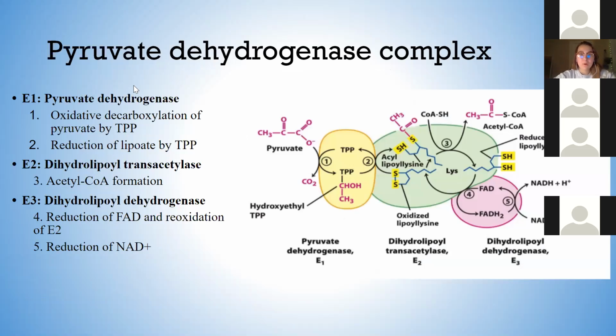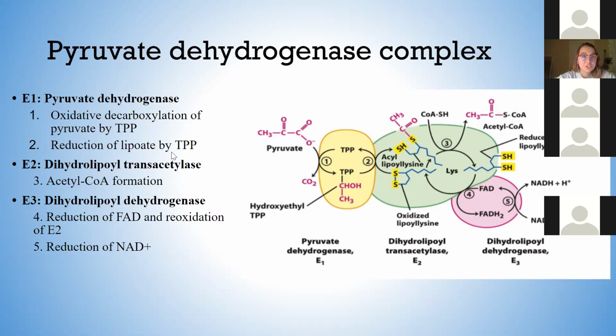Okay, more about our PDH complex. Essentially, our E1 subunit is our pyruvate dehydrogenase. I would recommend that you know the names of each compartment to this enzyme. So essentially, at our E1 subunit, we are going to be carrying out the oxidative decarboxylation of pyruvate by TPP.